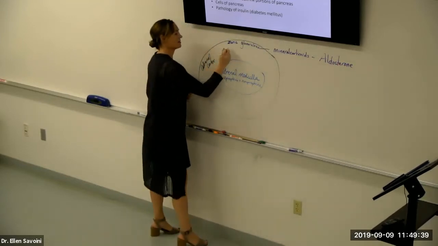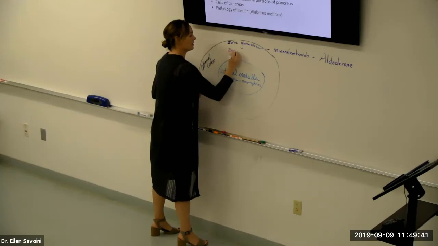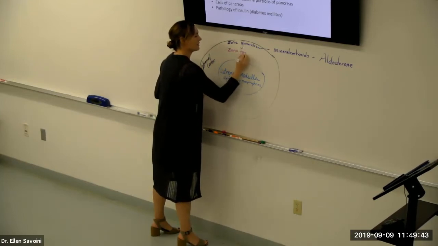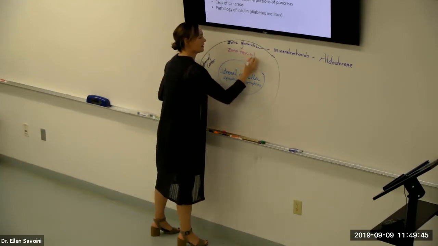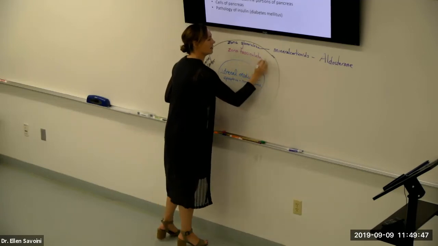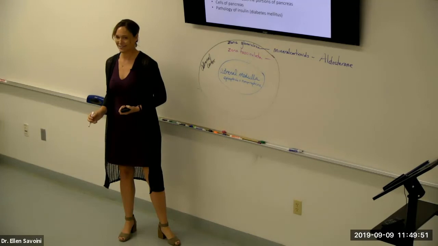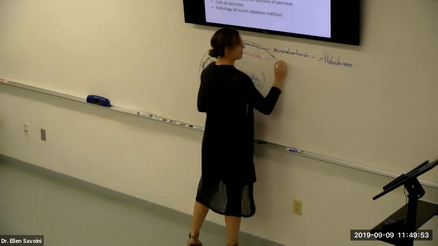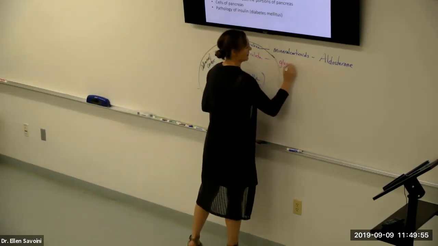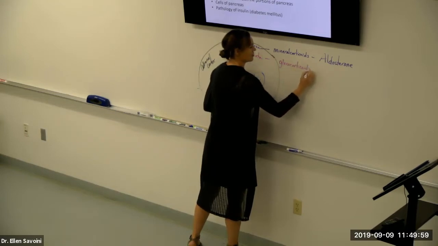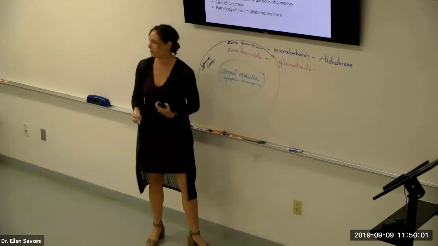Next, zona fasciculata. What family of hormones does it produce? Glucocorticoids. What's the main one out of this group?